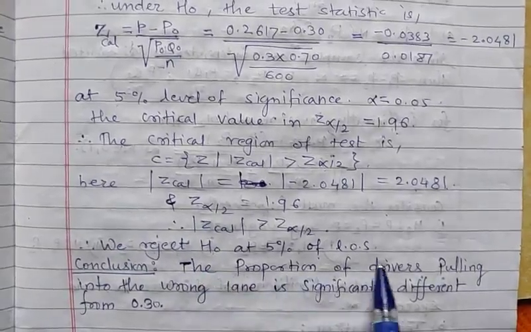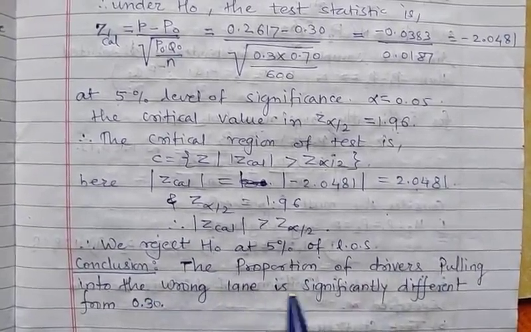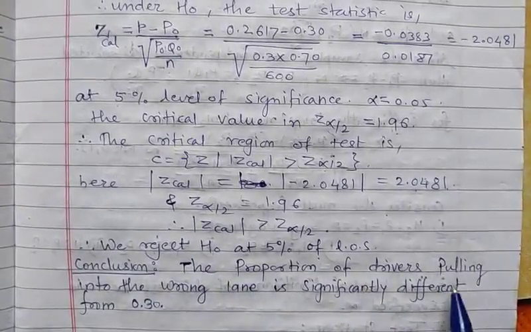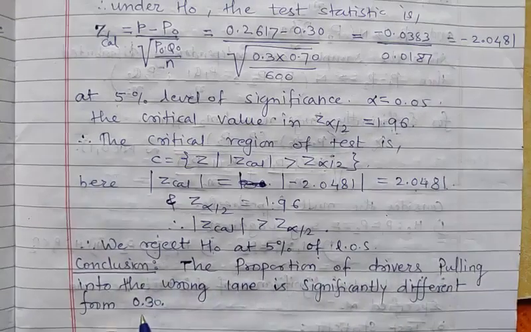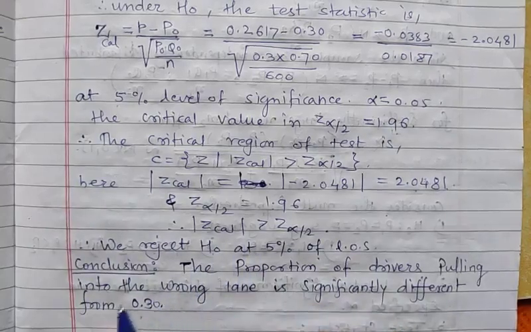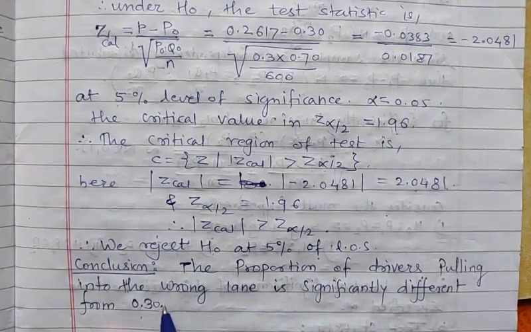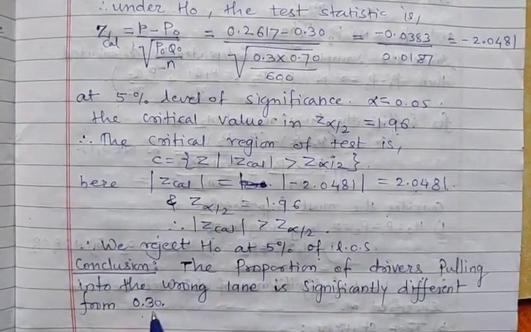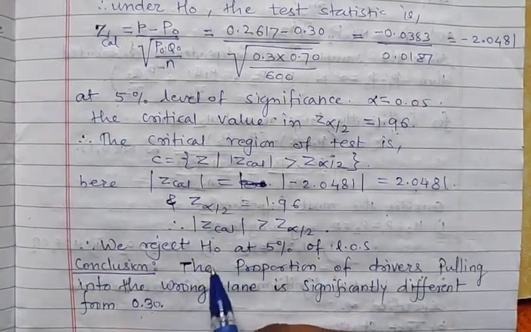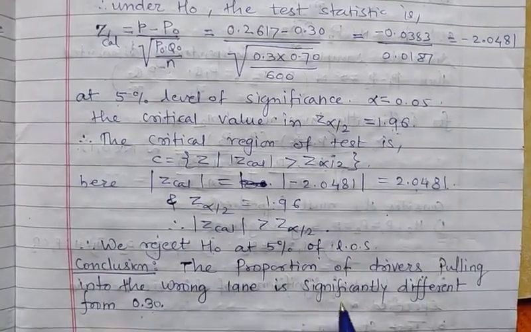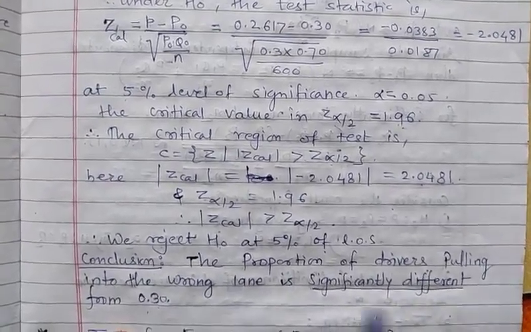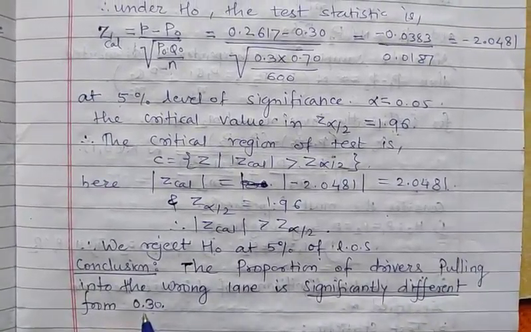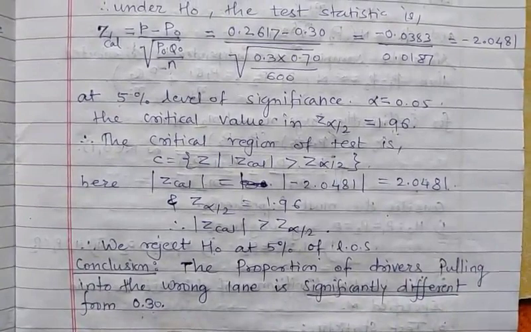Therefore, the proportion of drivers pulling into the wrong lane is significantly different from 0.30. If it is accepted, then we say that it is accepted at 0.30. But here the result is rejected at H0. Therefore, significantly different from 0.30. Okay. So that's the conclusion of the given problem.